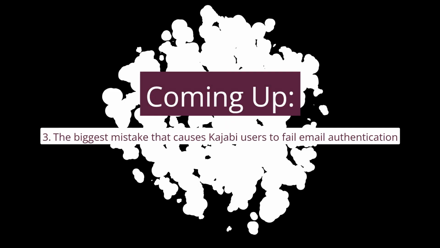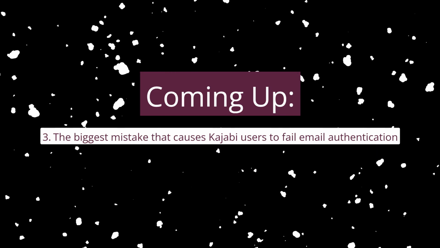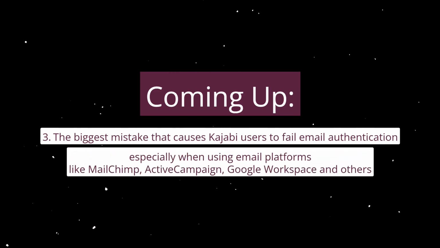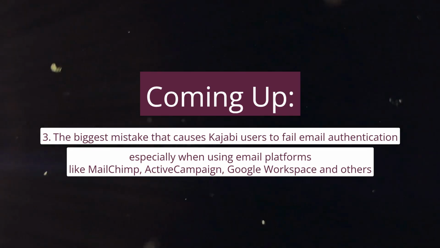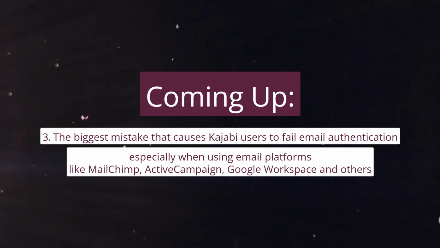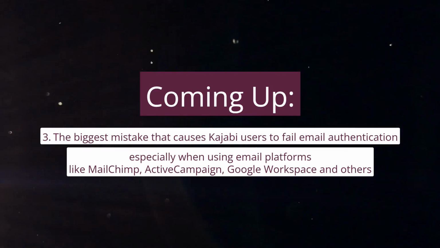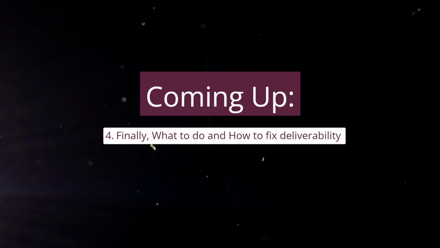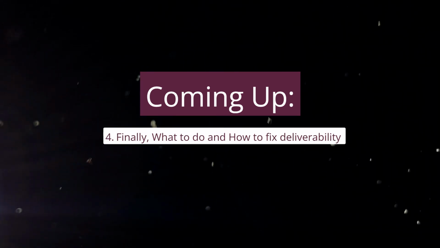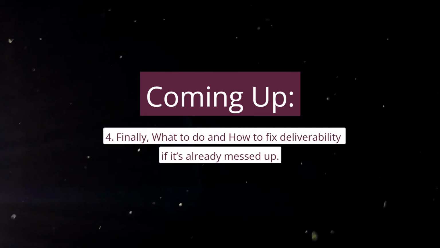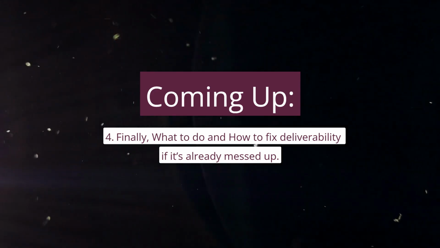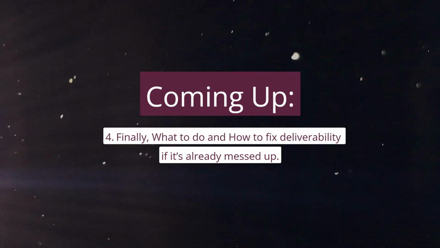Third, the biggest mistake that causes most Kajabi users to fail email authentication, especially if you're also using other email platforms like MailChimp, ActiveCampaign, Google Workspace, or other email tools. And finally, we're going to talk about what to do if your deliverability is already messed up, and most importantly, how to fix it so your emails are going where they should.